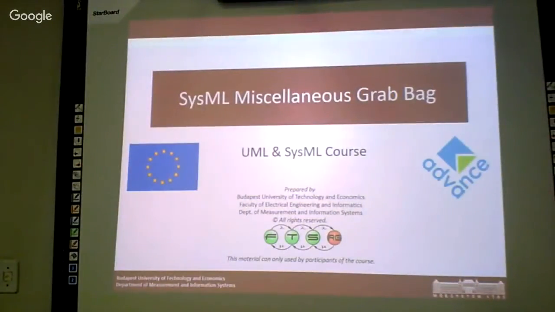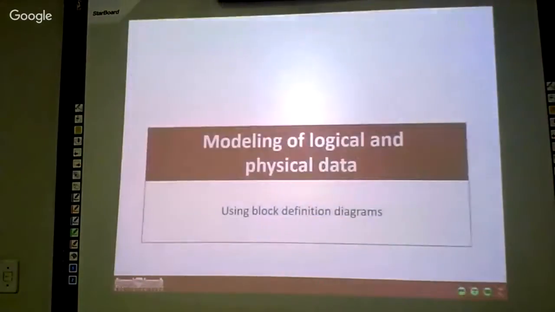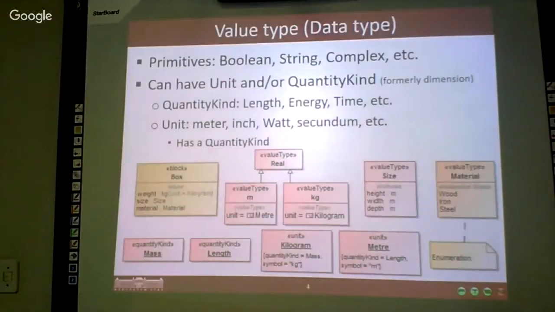And now I will show you some other elements that are very useful in SysML, and you have to be aware of them. So SysML supports the modeling of logical and physical data. So you can define value types.